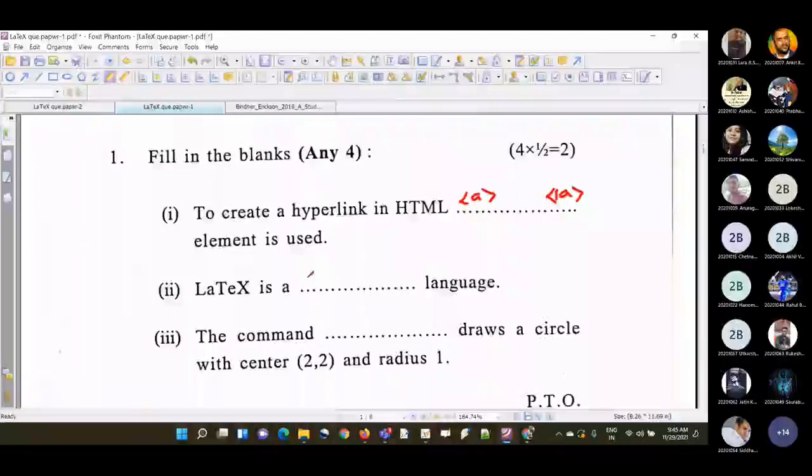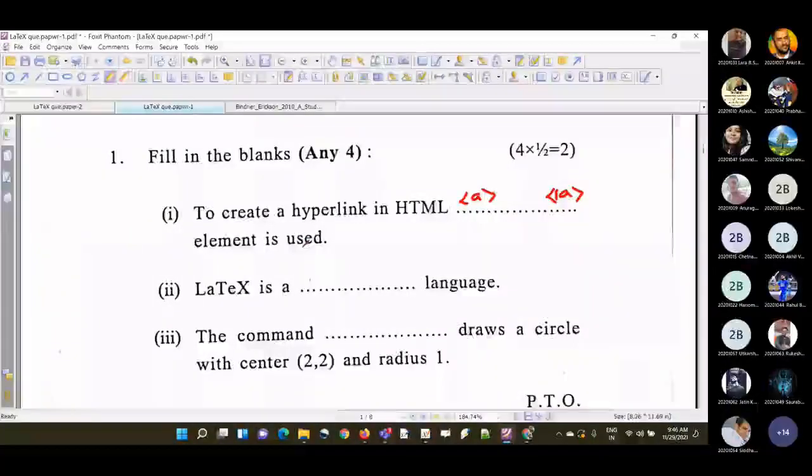And if you want some detail, you can write that LaTeX is a document preparation system and a document markup language. So you can write here just like markup language.